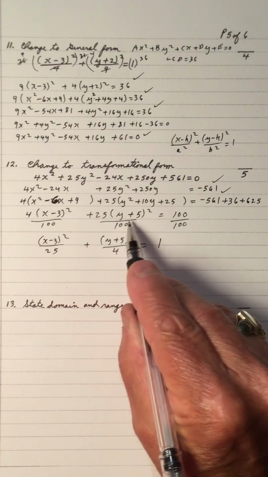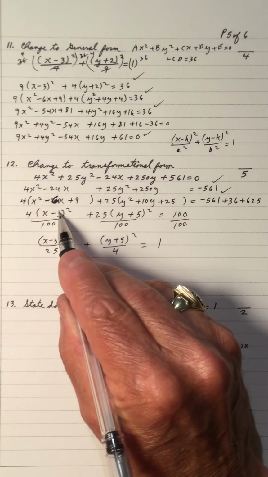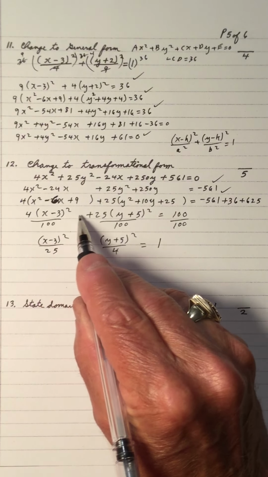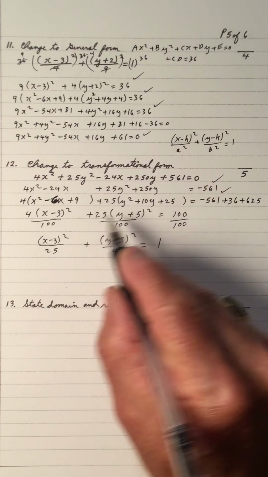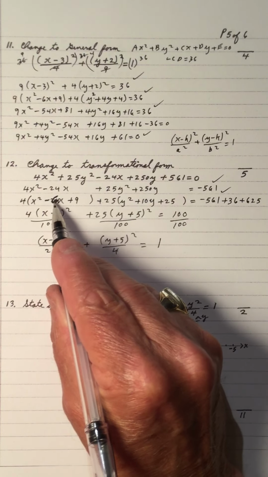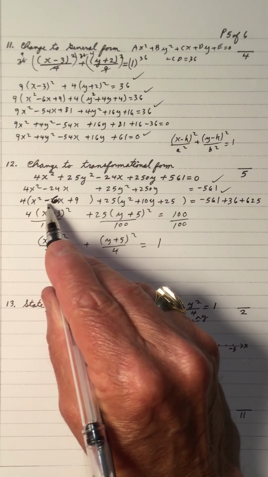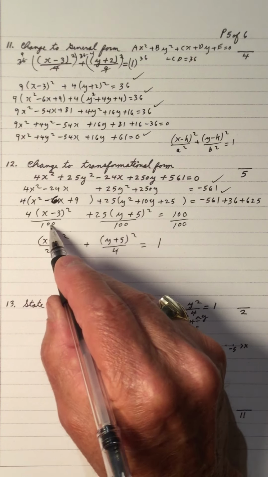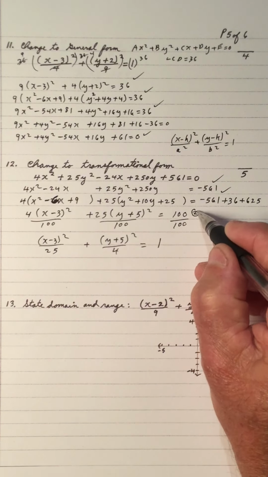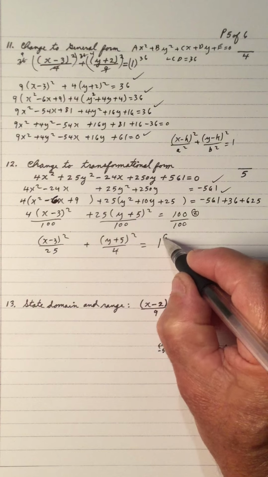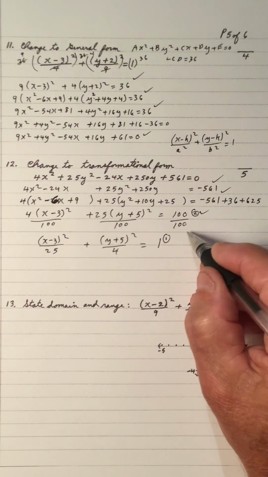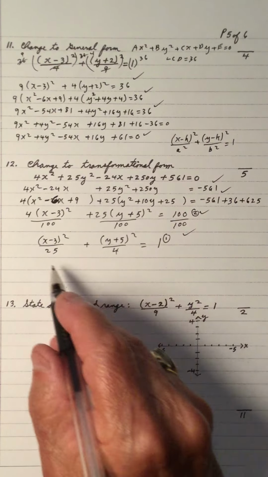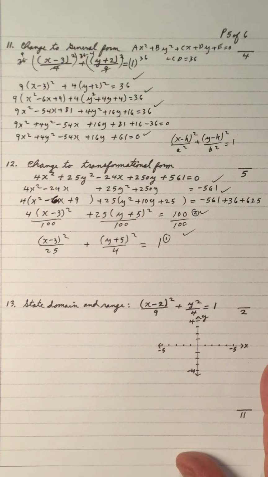If you did the factoring as far as right here, there are 2 marks for this step, because I did the factoring of the x squared minus 6x plus 9 here, and then I divide it by 100, so it's 2 marks for this one. And if you have this mark, there's the 5 marks altogether. So if you have the final answer, just give yourself 5 marks.